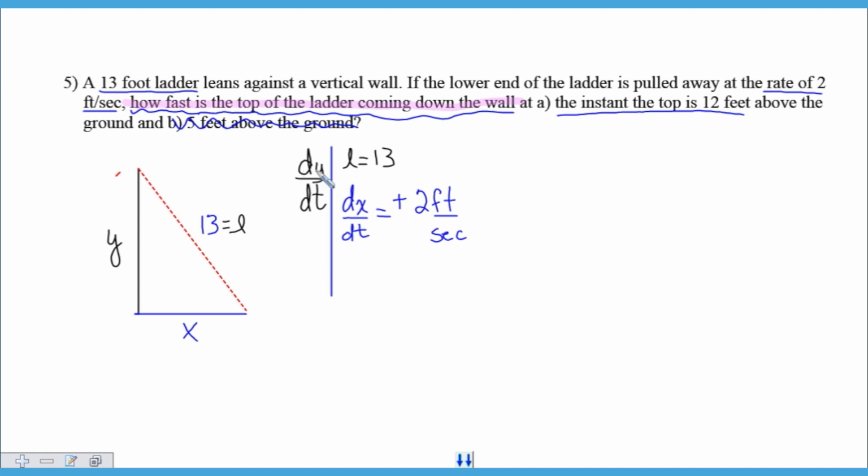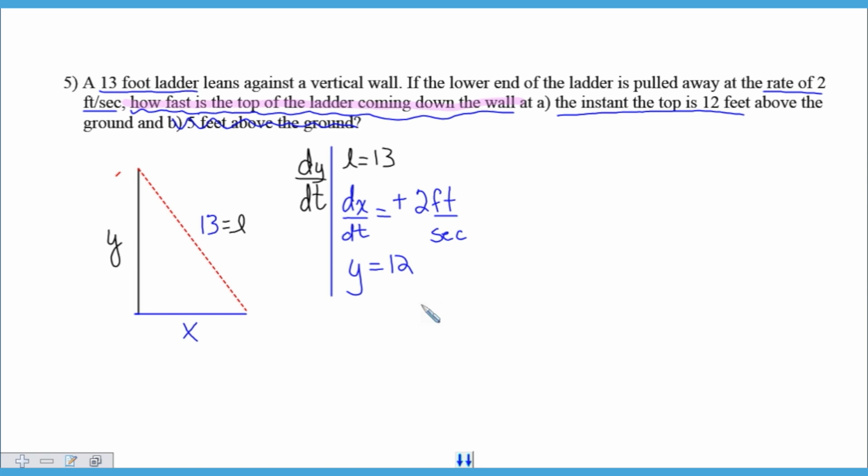And so I want to find dy dt when this happens, at a particular instant. And guys, we can only use instantaneous information after we have done something. So when the instant is 12 feet above the ground. So 12 feet above the ground would be Y. So when Y is 12, okay?